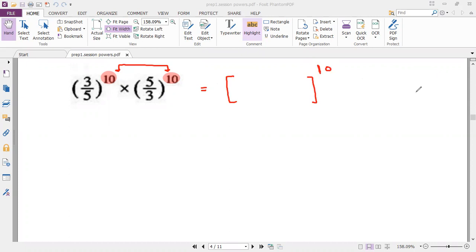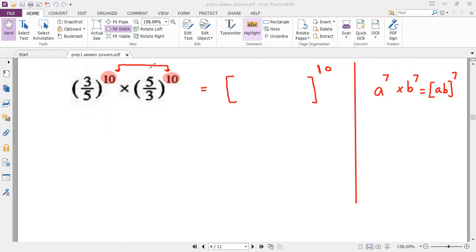Like when I say, for instance, if we have a to the power of 7 multiplied by b to the power of 7, we can write it as ab all raised to the power of 7.